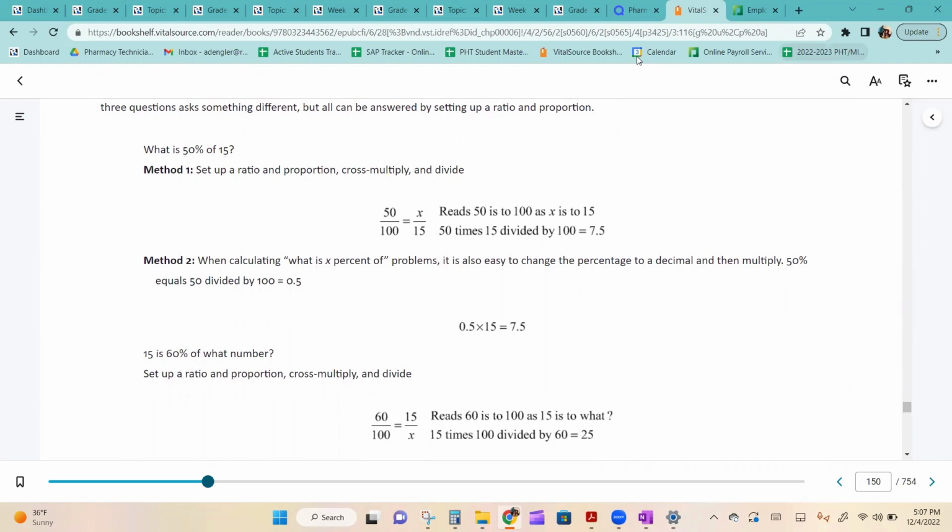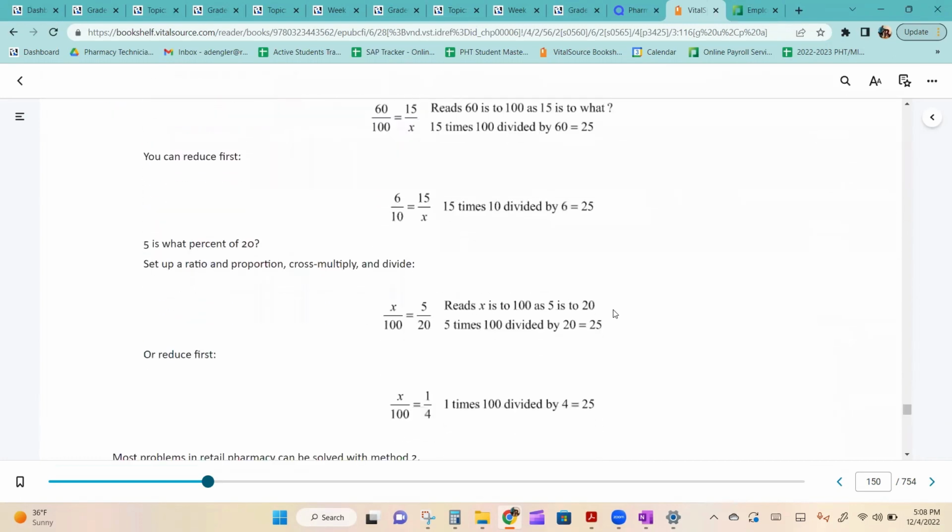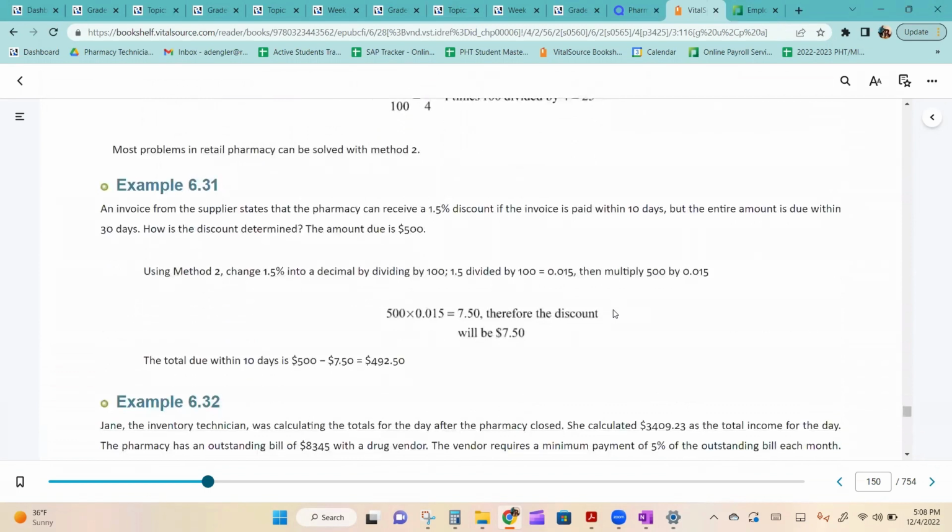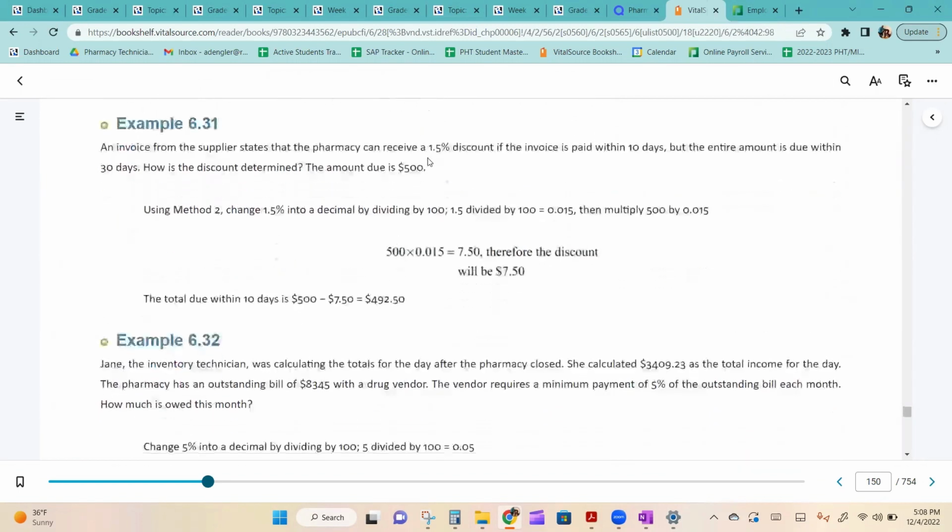Remember from the beginning of this video, to change a percent to a decimal, all we need to do is divide by 100. So here they have taken the 50% and divided by 100 and got 0.5, and then they just did 0.5 times 15.